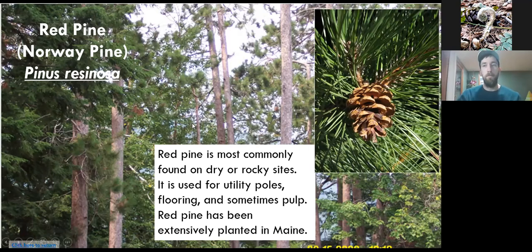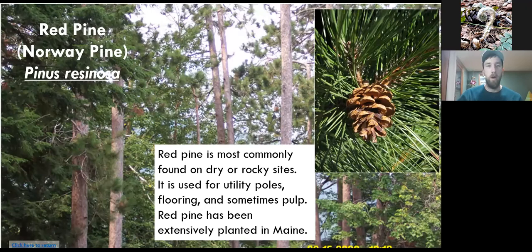They're typically found on dry sites, either ledgy sites with a lot of exposed rock, or really sandy, poorly drained sites. They have a lot of use as utility poles. They're not super desirable for some of the other uses that other softwoods have, such as pulp.